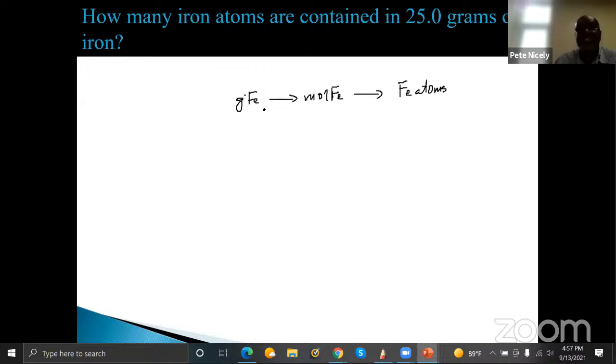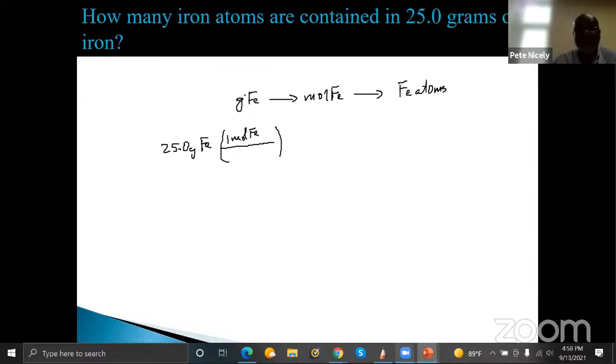In order for us to do this, we have to multiply by 2 conversion factors in series. So I'm going to start off with 25.0 grams of Fe, and we're going to convert that to moles, which means that the conversion factor is going to have 1 mole of iron above as a numerator, and down here would be the molar mass.